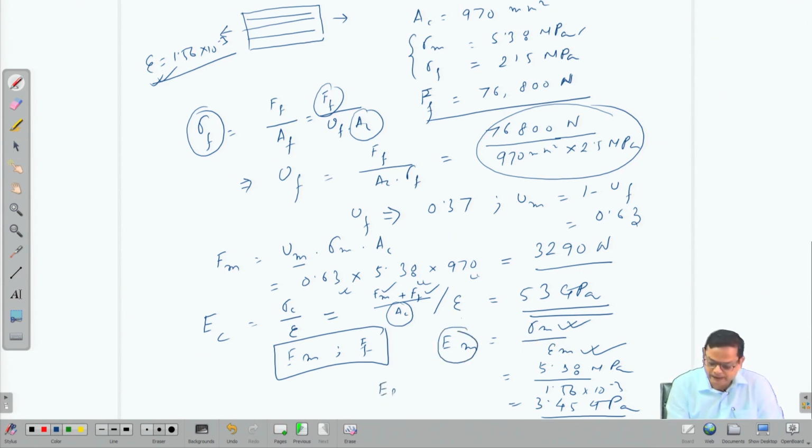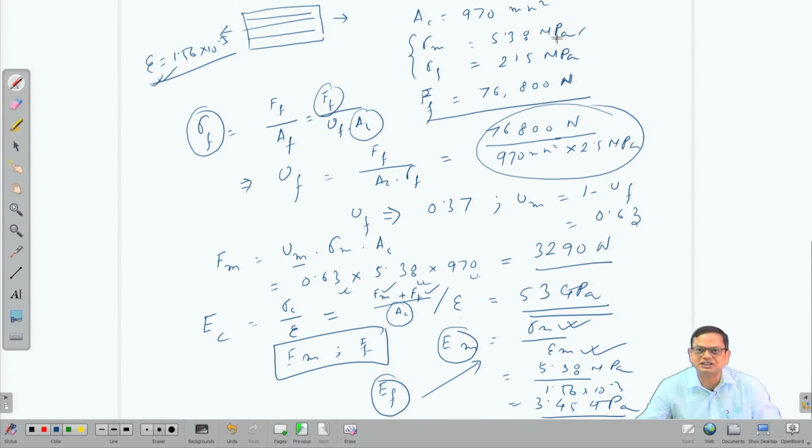Okay. Similarly, the way you find the value of E m, you can also find the value of E f. Using the same equation you can find the value of E f. Okay. So, you can see once the different values are given, for example, in this particular case, the thing you have to take care of is that the value of A c, the composite material's area, has been given.